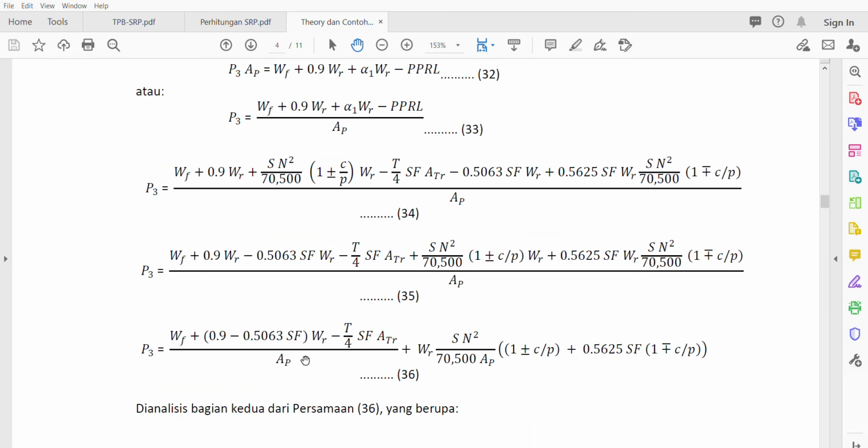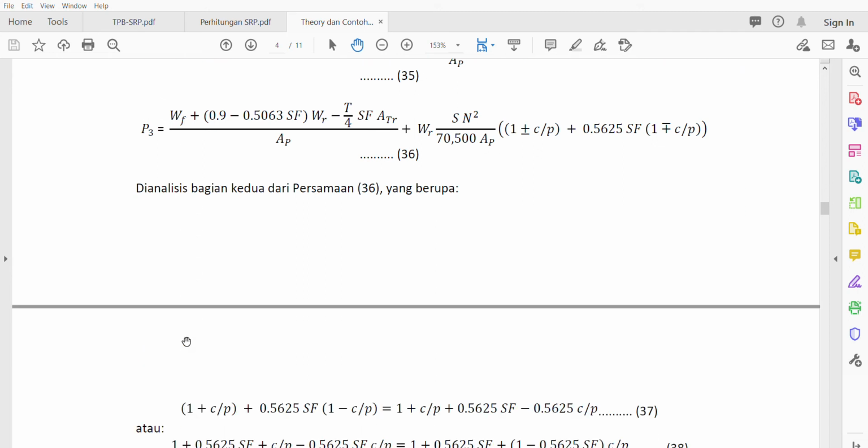So if we see equation number 36, what is it actually? If you want to have a certain rate, because rate will derive the SN, okay. So if you have a certain P3, what you have to fulfill is this long equation. Okay, so this long equation actually has to be fulfilled in order to have a certain rate and a certain P3.